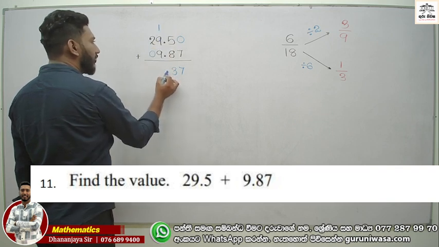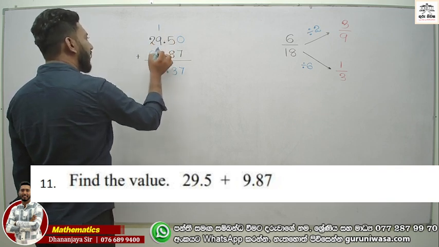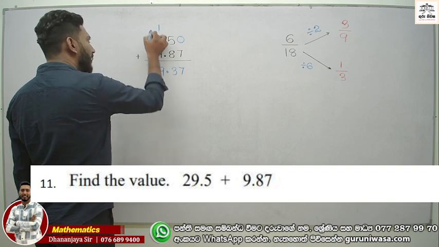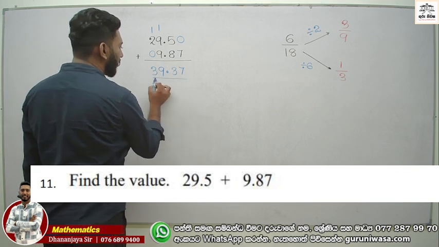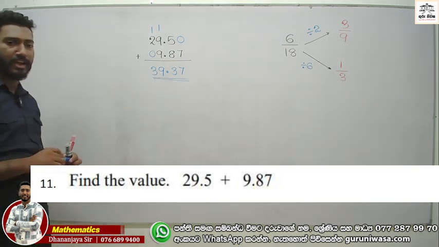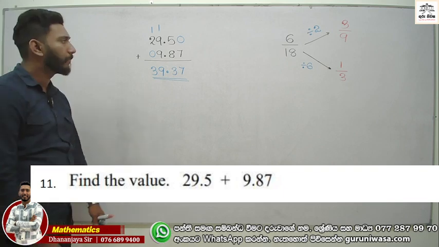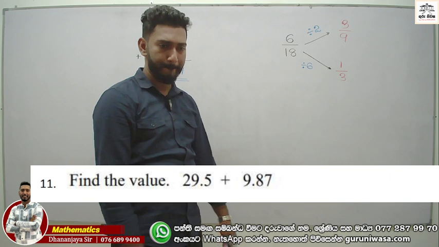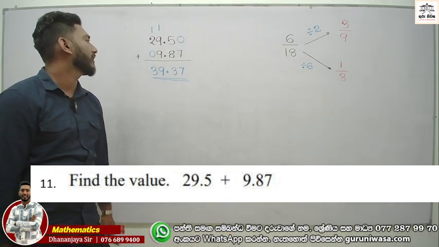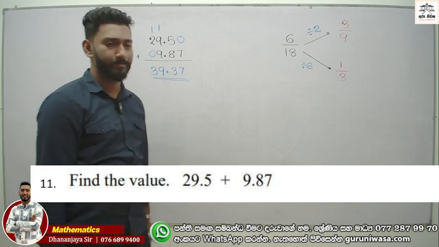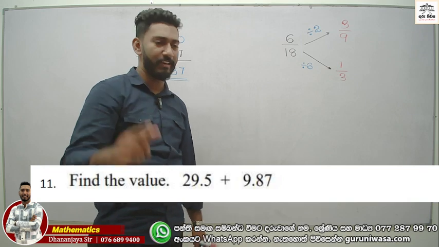Put the decimal point. 9 and 1, 10, and 9, 19, 1 remainder. Now the answer is 39.37. Well done.